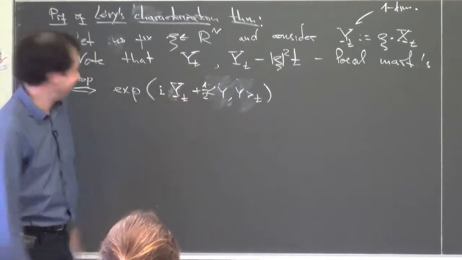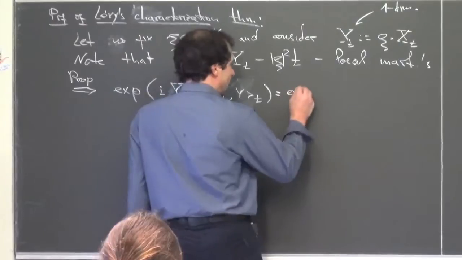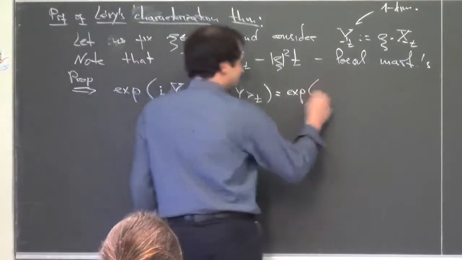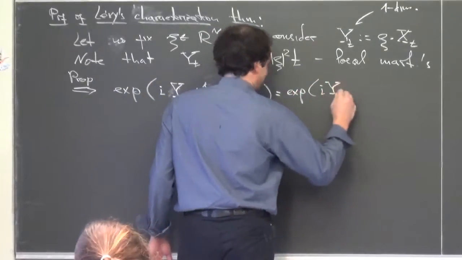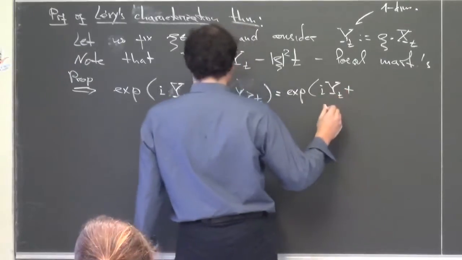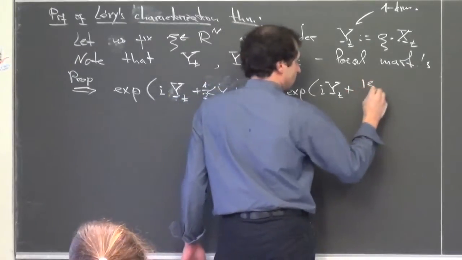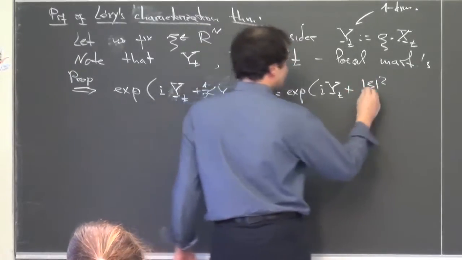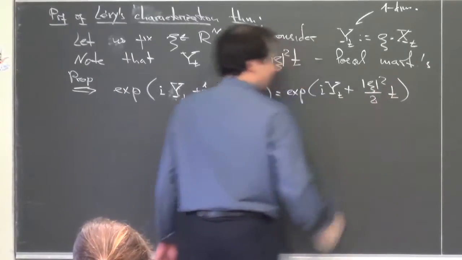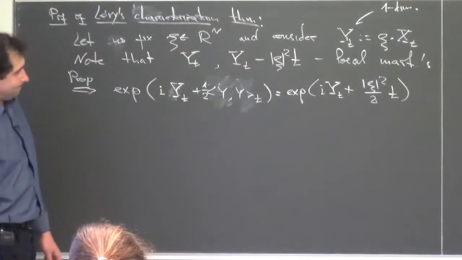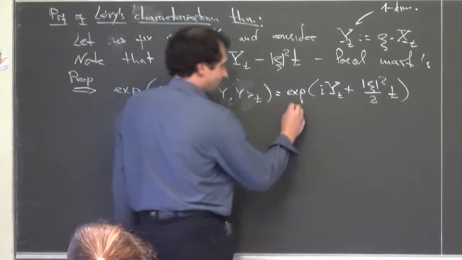Okay, this is 1/2. So this is the exponential of i times the process plus one half times the squared norm of xi times t, and it is a local martingale.